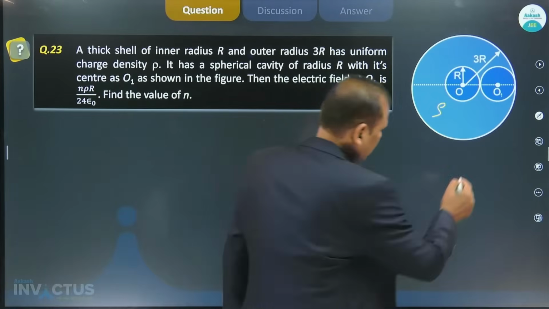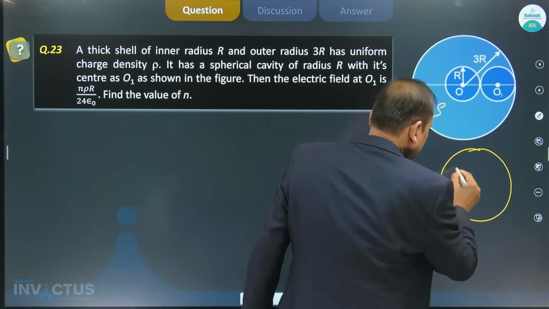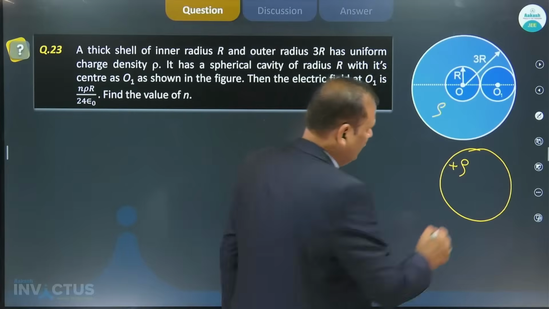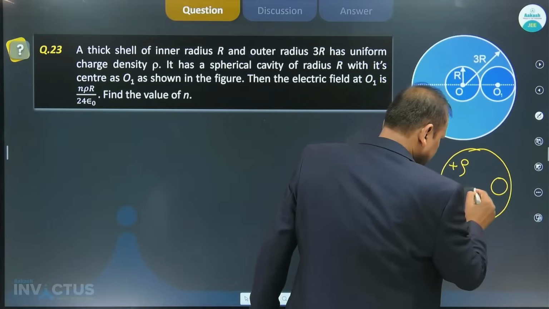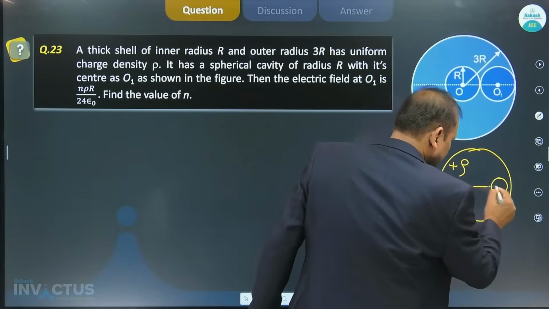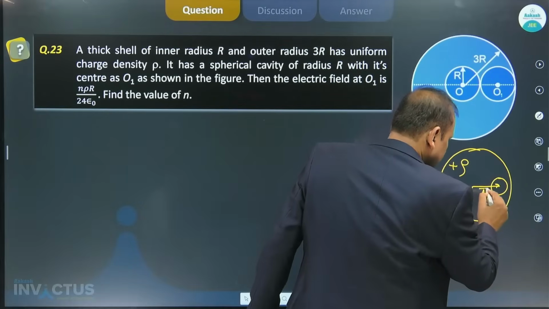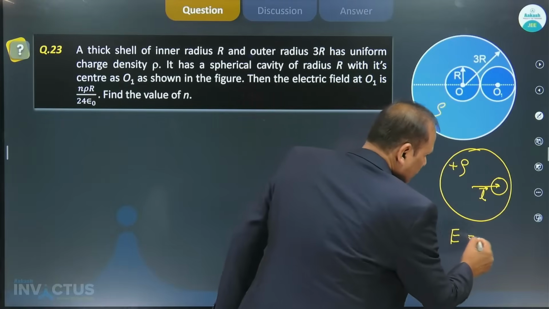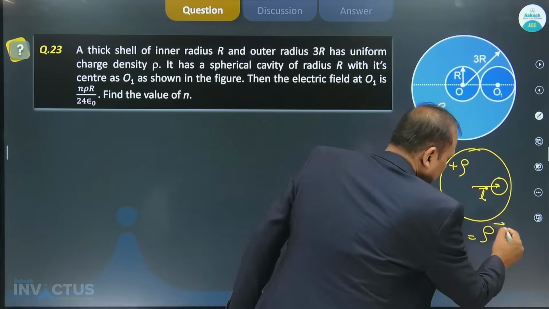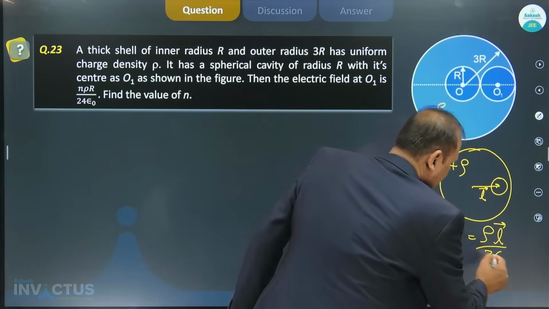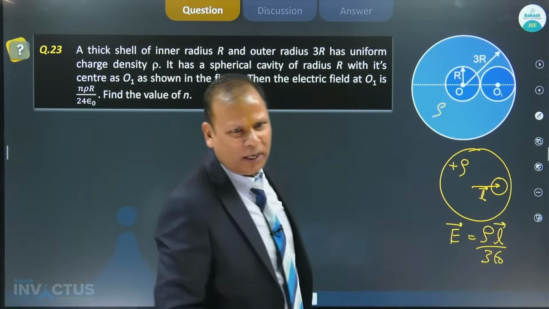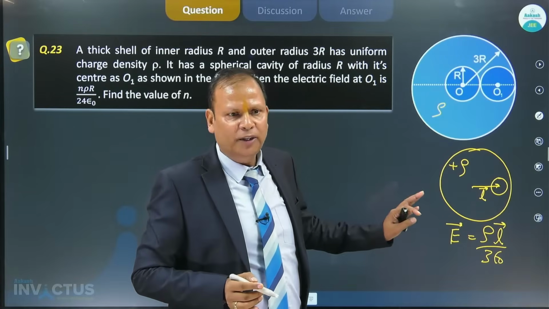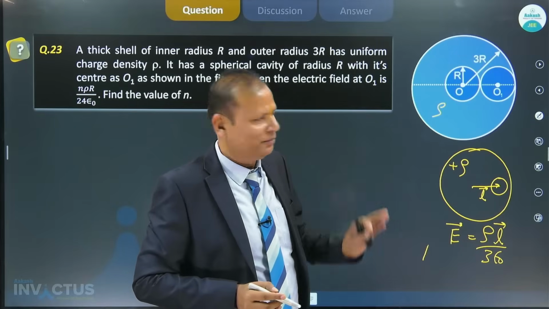One thing: suppose this is a uniformly charged spherical region and you have a spherical cavity. From this center to this center, the distance is L. So the field inside the cavity is rho L by 3 epsilon naught. Most of you should know it, because you must have studied it somewhere, it is taught in coaching.